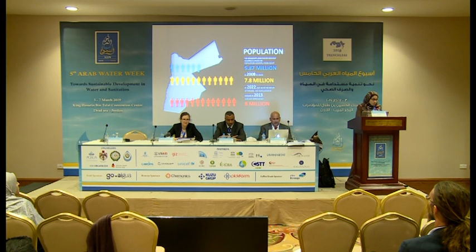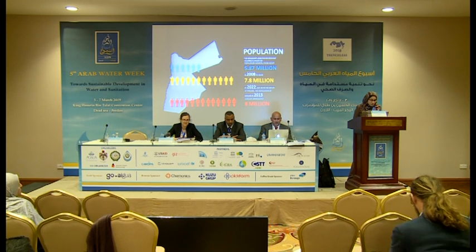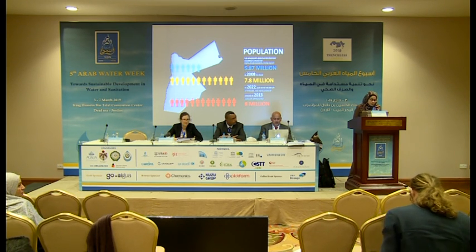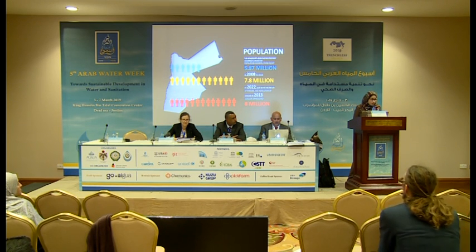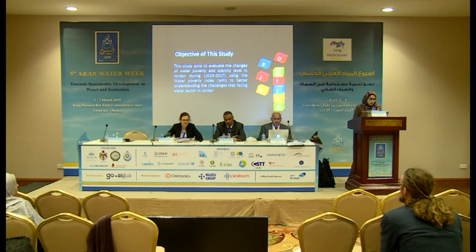Based on the consistent population growth, the Ministry of Water and Irrigation developed their water strategy to meet the demand of 5.87 million people in 2008 and 7.8 million people in 2022. But with the influxes of Syrian refugees, the population approached 8 million in 2013. So the demand is dramatically increasing, and therefore a new strategy was developed to meet the increasing demand.